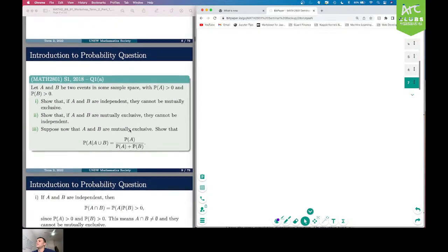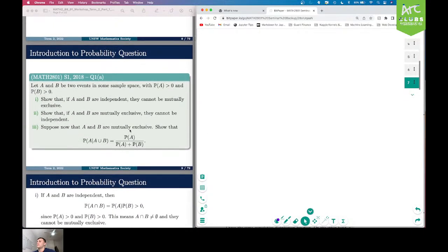And that's what you're seeing there. Okay. Now we have to show that if A and B are mutually exclusive, they cannot be independent. So if they are mutually exclusive, we have no intersection. So the probability of A intersect B is equal to 0, right? It can't happen.